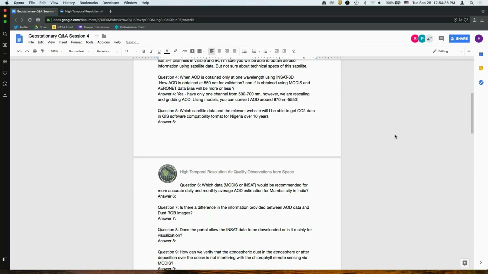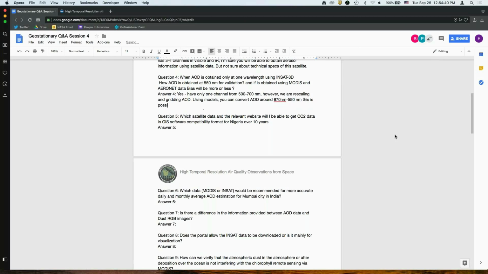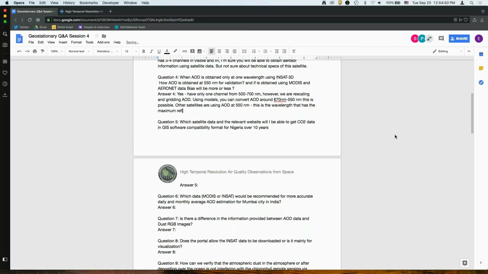That's always possible. This is primarily done because other satellites are also giving AOD at around 550 nanometers, and this is the wavelength which also has the maximum reflectivity in the visible region for the human eye. So most of the AOD products are available at 550 nanometers.